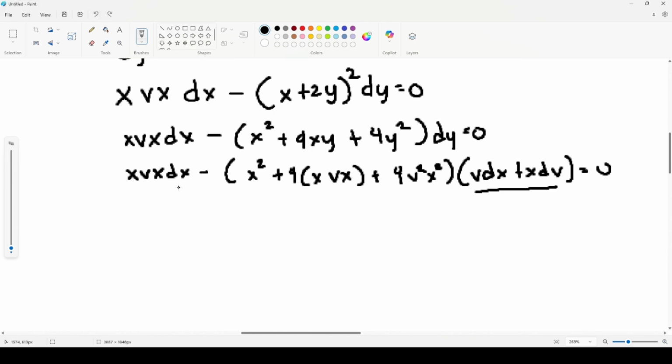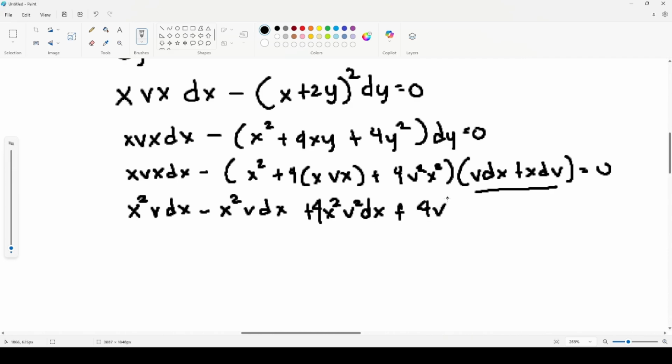But if we substitute dx, we will have a much smaller equation. So x squared v dx, let's do dx first, minus x squared v dx plus 4 x squared v squared dx plus 4v cubed x squared dx.